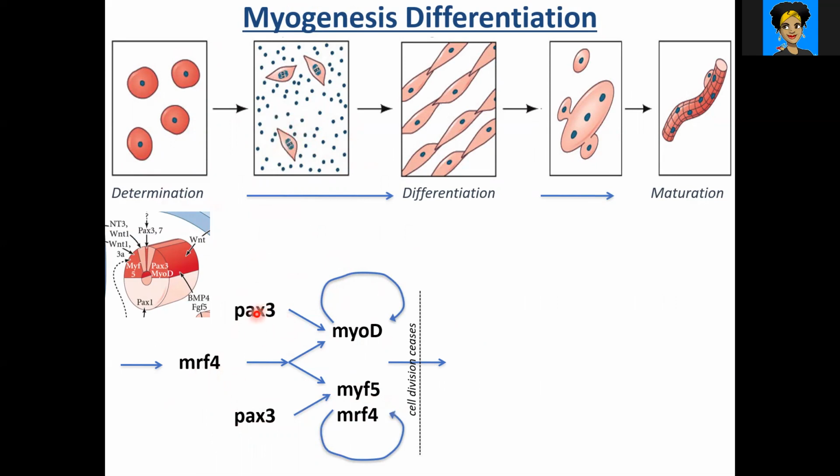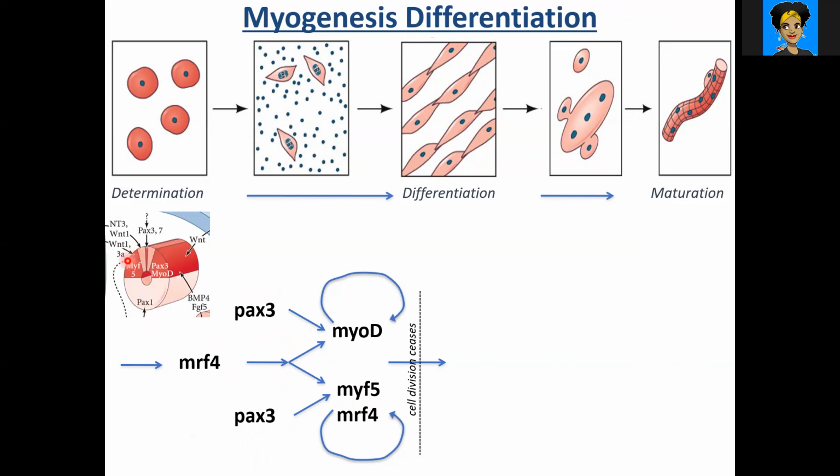So you have all your bHLH transcription factors specific for the myotome. So you have MRF4, PAX3, MyoD, MYF5, MRF4. So you have all those types of bHLH transcription factors present and activating each other.